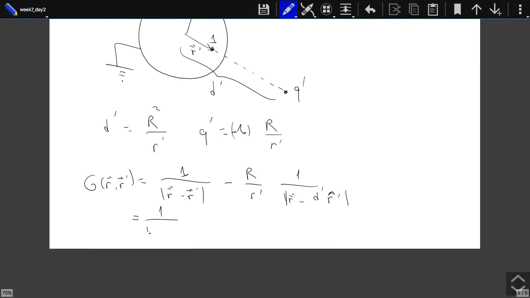Let's put in some of the definitions. R over R prime times 1 over R minus, well, D prime is R squared, the radius squared, divided by R prime. And this R prime hat is the R prime vector over R prime.